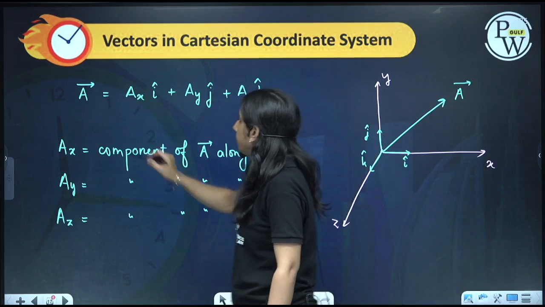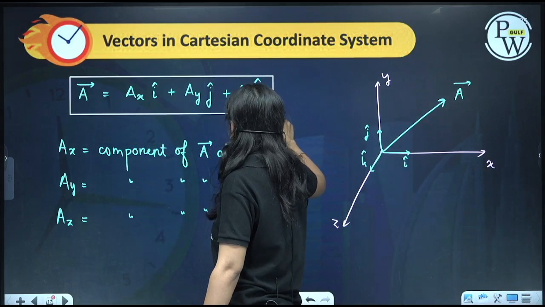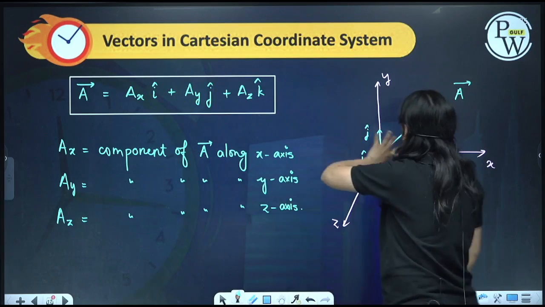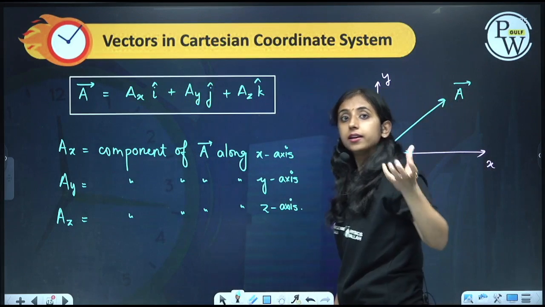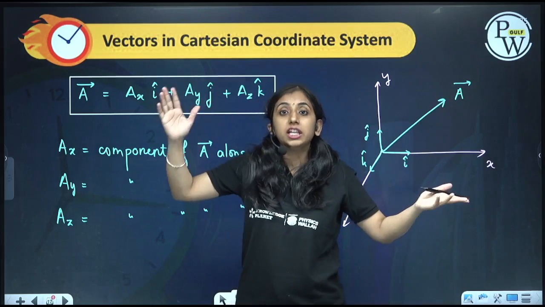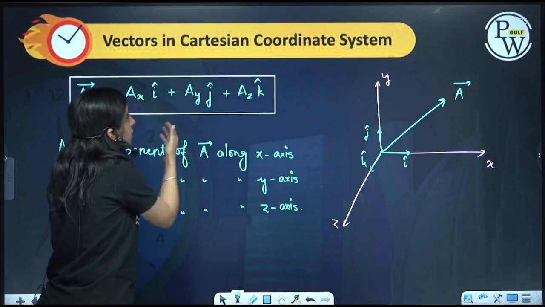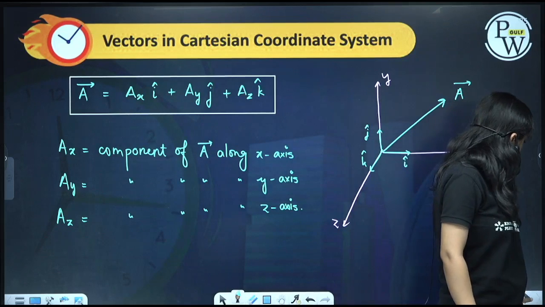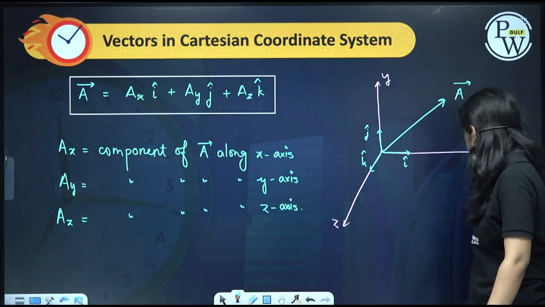This is how we represent a vector in the Cartesian coordinate system. Ax is the magnitude in x and i cap is its direction. We have resolved the vector into three directions and their combination is equal to the vector.